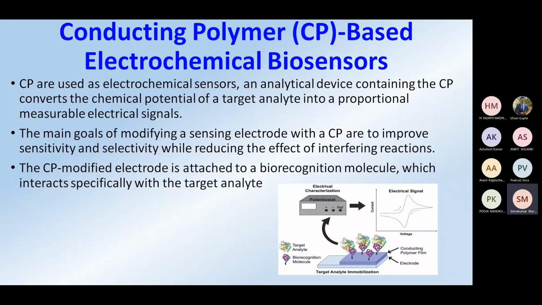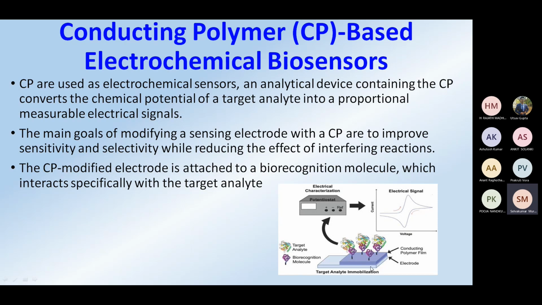So we can also detect using the conductive properties of the polymers, based on electrochemical devices. Okay. So you have an electrode, and on top of that you have conducting polymer based coatings or films, etc. And that surface has a biomolecule recognition element, or you can say an antibody.